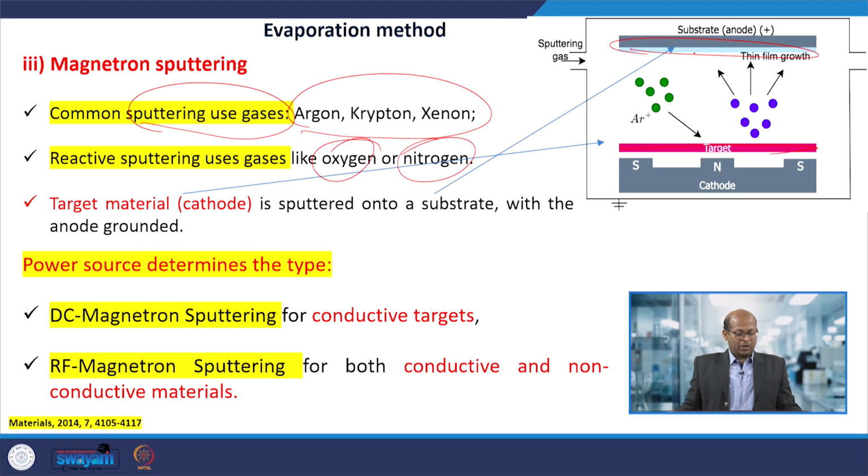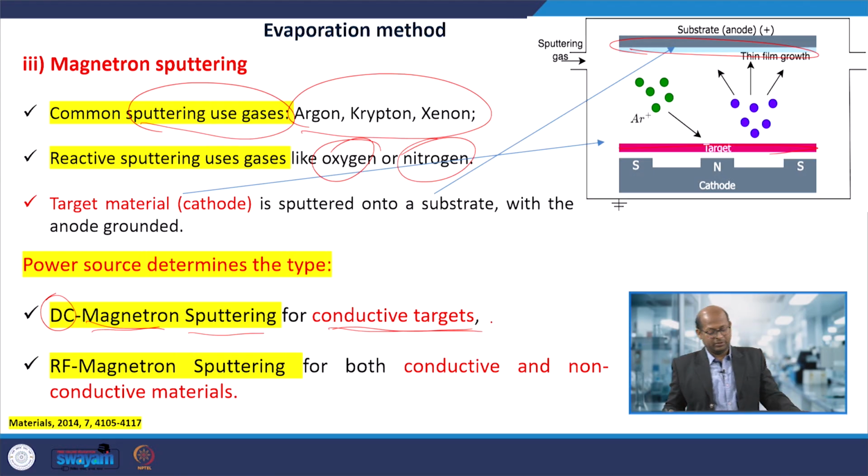Okay, so the power source determines the type. Here I said with DC and magnetic fields we can use it, it is called DC magnetron sputtering, for conductive targets. Or RF magnetron sputtering we can use for both conductive and non-conductive, or insulating, materials.